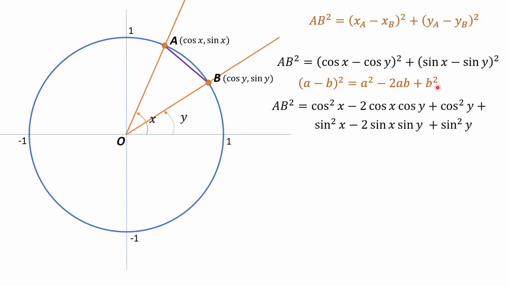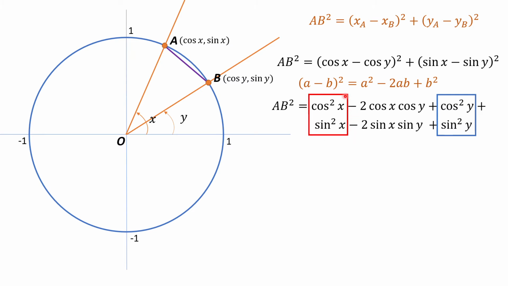Now the next thing to see is what's in those rectangles, red and blue. What we have here is cosine square of an angle plus sine square of the same angle. As we talked about earlier, this is probably the most important formula in trigonometry.